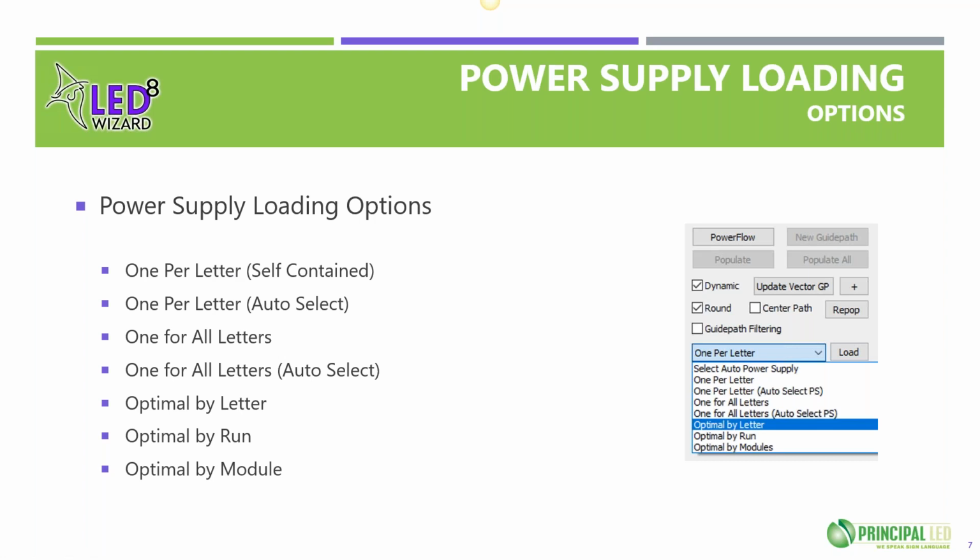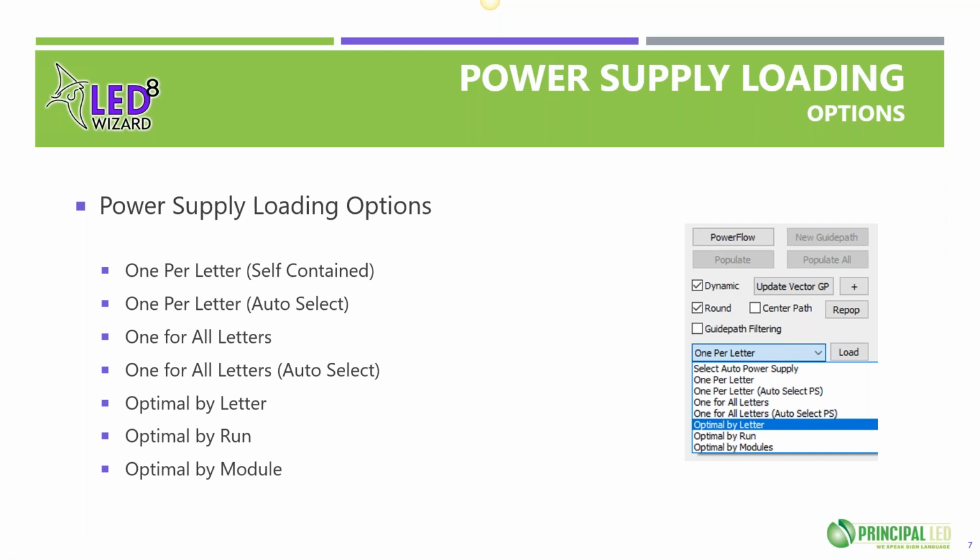So you want one per letter, and maybe the load percentage varies by letter. So this isn't necessarily the mode to use when you want to run the drivers as full as you can. One per letter, self-contained. We'll talk about how to position the drivers inside of the letter if you want to show it that way.